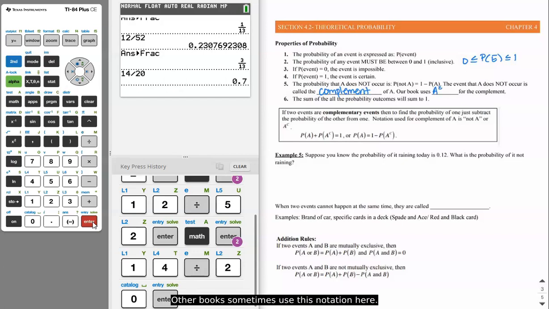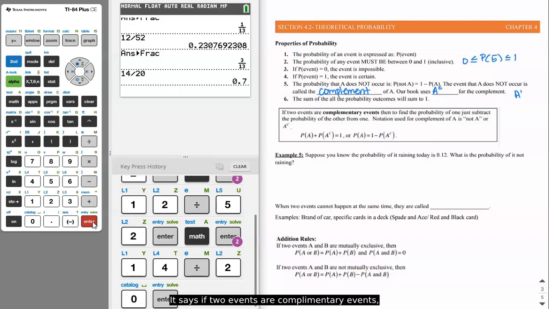Other books sometimes use A prime or A complement. It doesn't really matter, but just understand what that notation means. And our last property says the sum of all the probability outcomes will sum to 1. If you have all of the possible outcomes over the denominator and sum it up, it should always be 1.